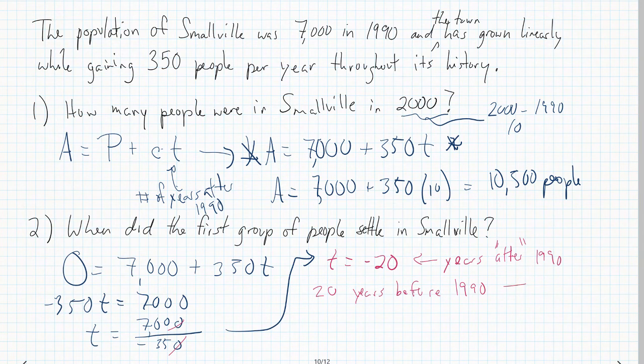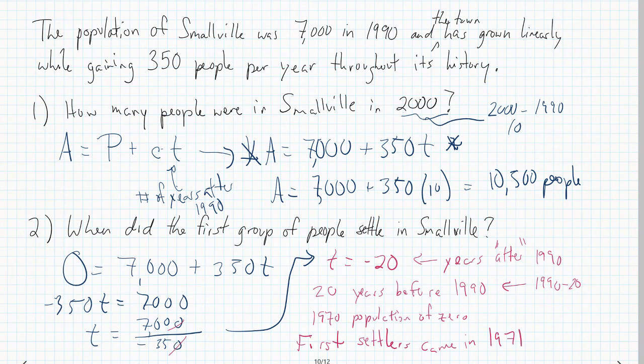And so this would be 1990 minus 20. We had in 1970 the population 0. So that means the first settlers, if it was population of 0 in 1970, came in 1971. Okay?